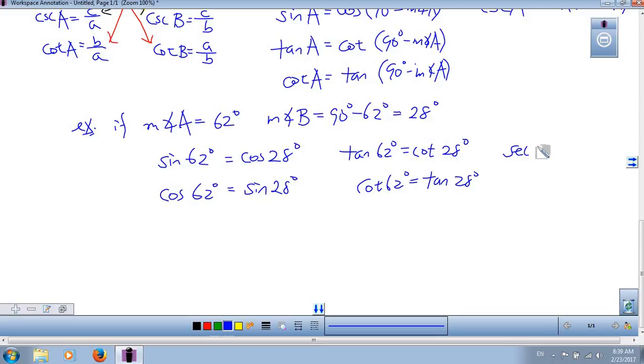Secant of 62 degrees has to be equal to cosecant of 28 degrees, and cosecant of 62 degrees has to be equal to secant of 28 degrees. So as you can see, the pattern stays for all kinds of complementary angles. As long as they are acute and complementary, that's what's going to happen.